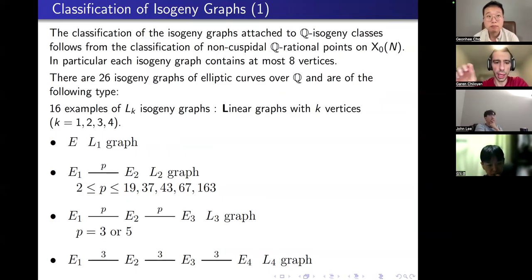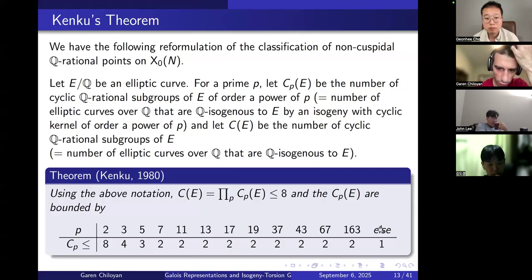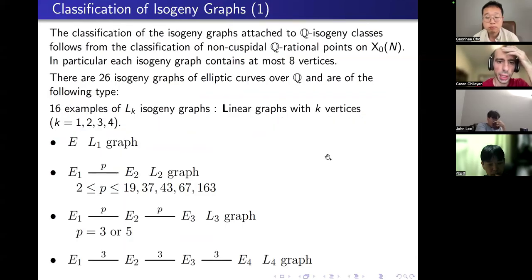And we label the edges of the graphs with prime numbers, where the prime number is the degree of the isogeny. So with Kenku's theorem, with this classification here, we can actually classify all the isogeny graphs, and we'll go over them now. Note, you can have at most 8 different vertices in an isogeny graph.